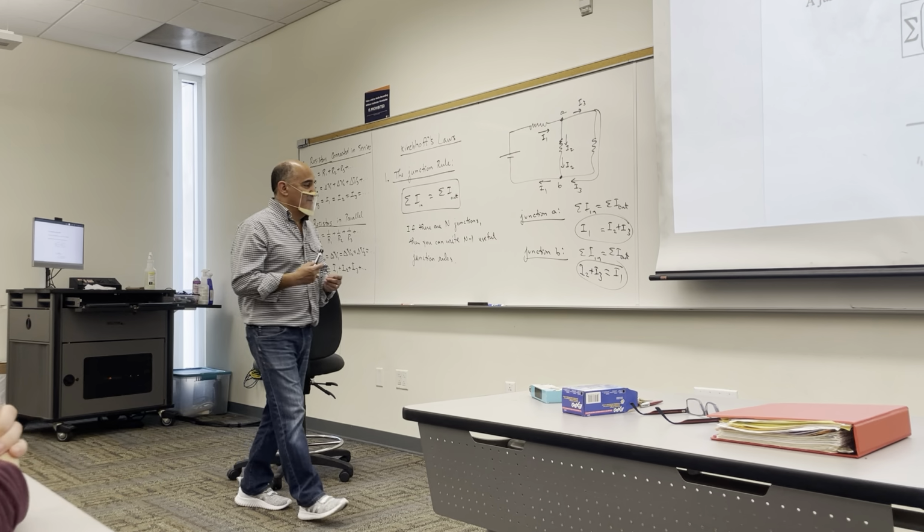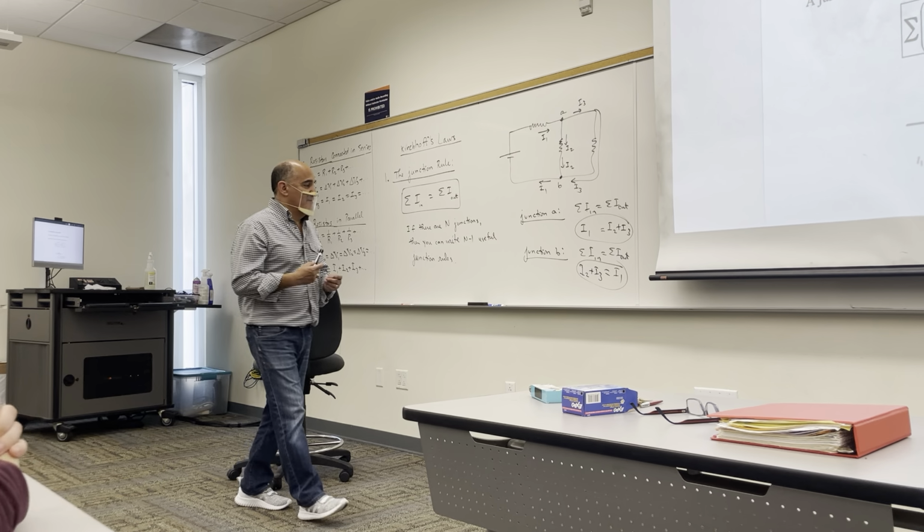First of all, how many junctions are there? 1, 2, 3, 4. I only see 4. Oh, there's one right here, because you got 3 wires meeting or more. Not a junction, not a junction. So 4 junctions.